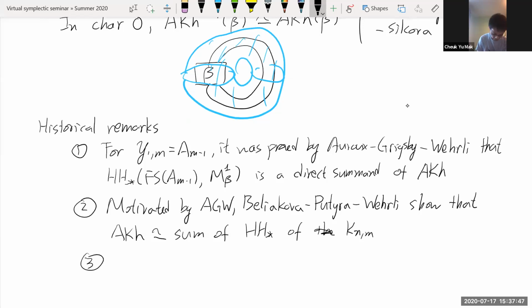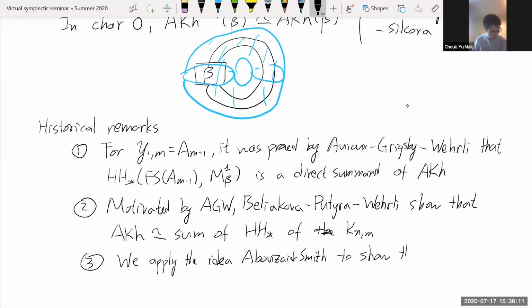And finally, our contribution is that we apply the idea in the proof of symplectic Khovanov equals Khovanov, the idea in Abouzaid-Smith, to this case to show that the symplectic version of annular Khovanov is the same as annular Khovanov.